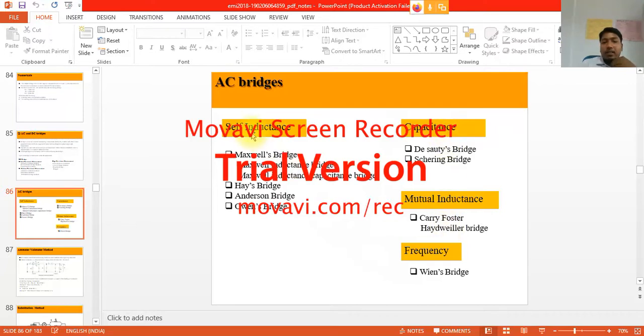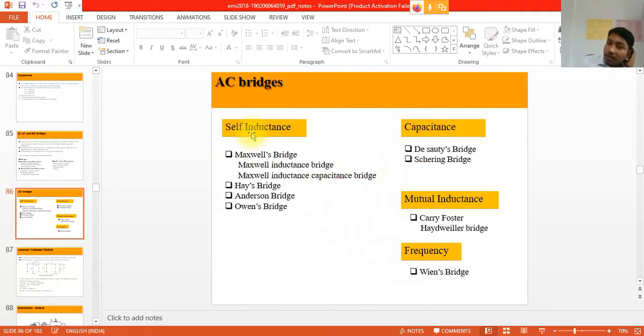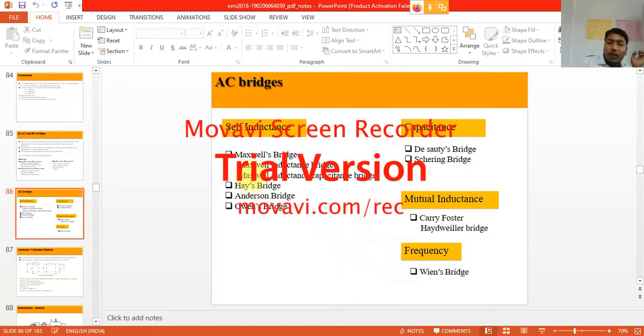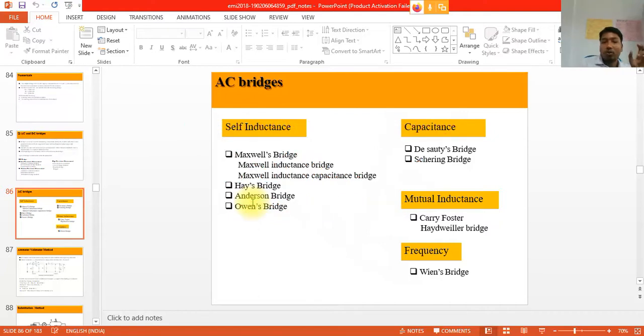Inductance in a circuit is of two types: first is self-inductance and second is mutual inductance. To measure self-inductance there are 4 to 5 methods. We will discuss every method in detail, but currently we are just trying to know the names of methods, which method is used to measure which quantity.